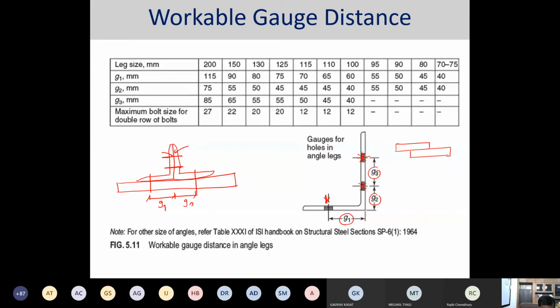So I cannot place it at any place. This is my G2, and this should be my G3.